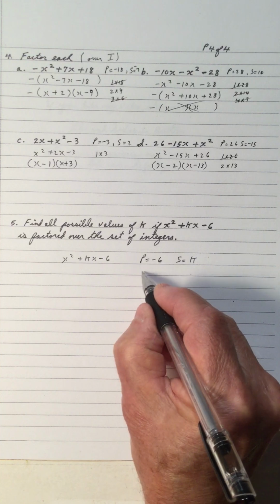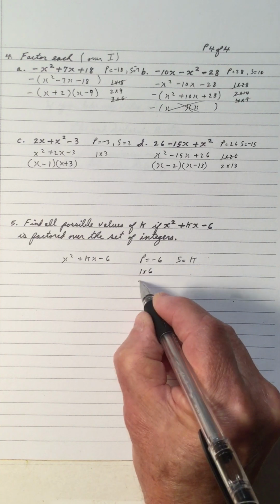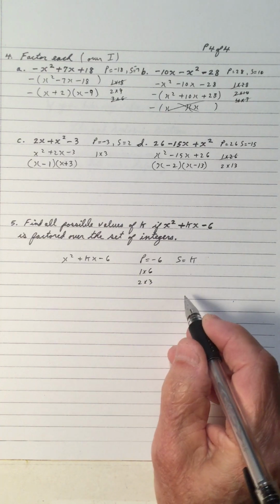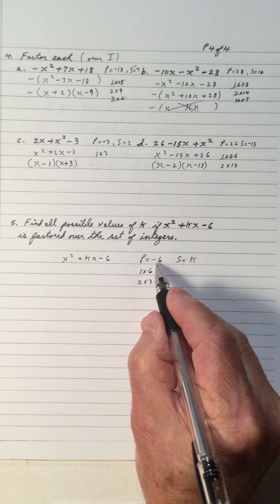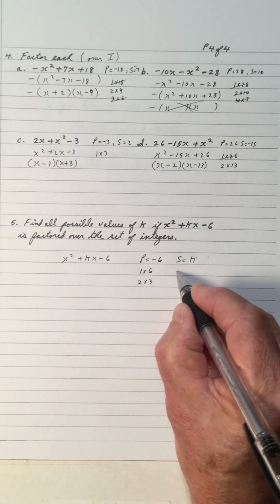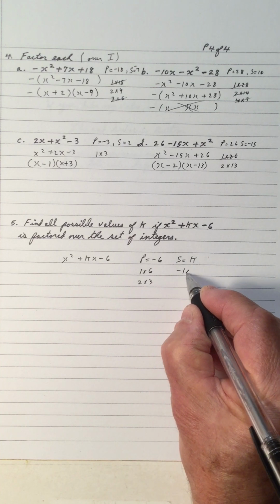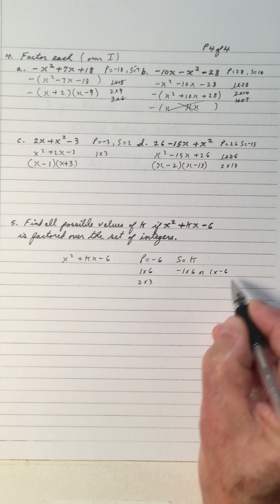So the product is negative 6, so we must have 1 times 6 or 2 times 3. Because the product is negative 6 and we don't know what the sum is, we have to have negative 1 times 6, or 1 times negative 6.